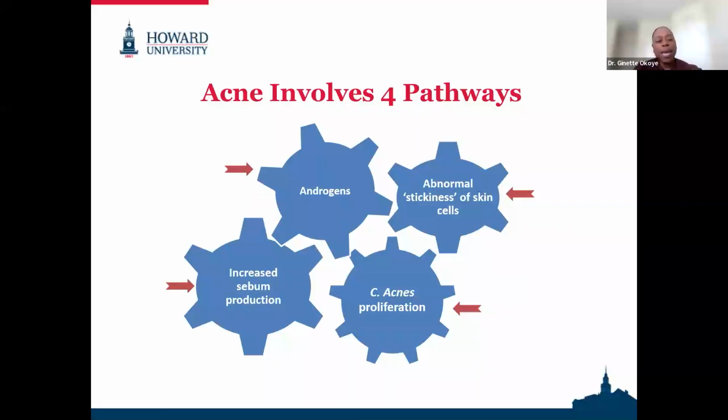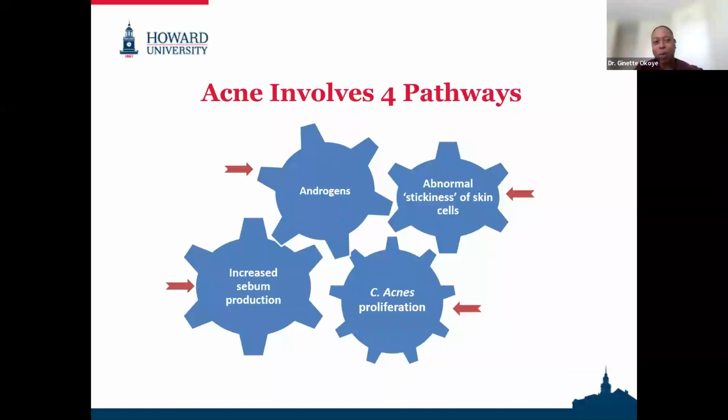So there are four main pathogenic pathways in acne. The first is this stickiness, right? This abnormal stickiness of the keratinocytes that causes this follicular occlusion or clogged pores. The second is androgens. Androgens drive sebum production.